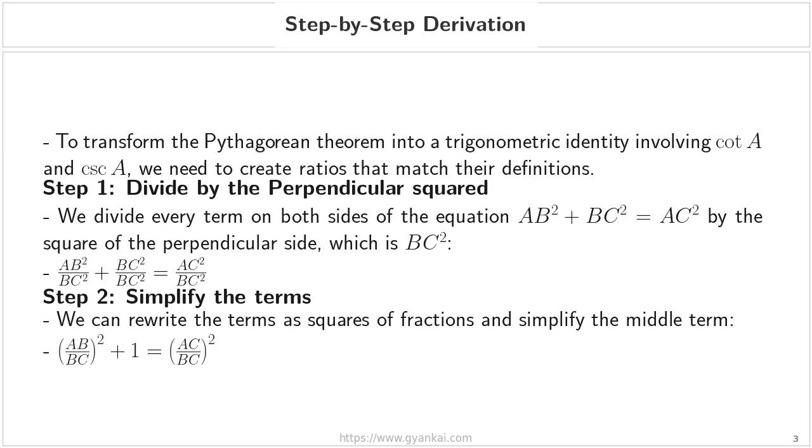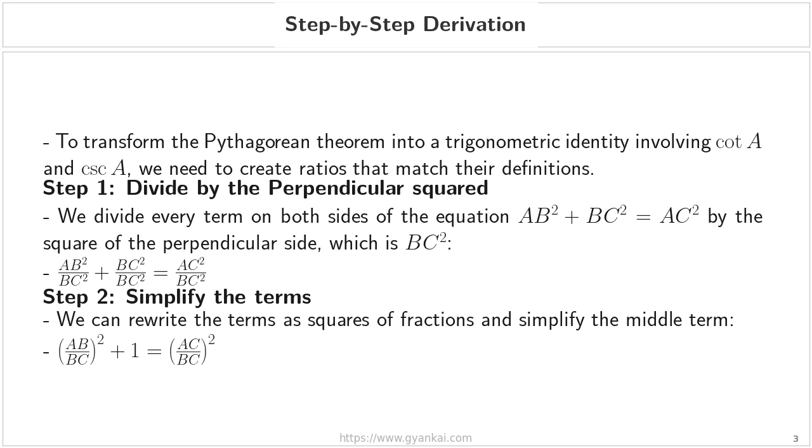Finally, we rewrite the right side as the fraction AC over BC, all squared. So our simplified equation now looks like this: the fraction AB over BC, all squared, plus 1 equals the fraction AC over BC, all squared. This sets us up perfectly for the next step, where we will substitute our trigonometric ratios.